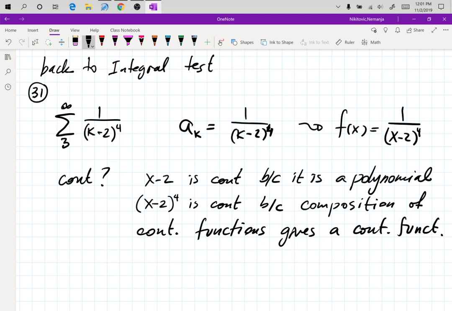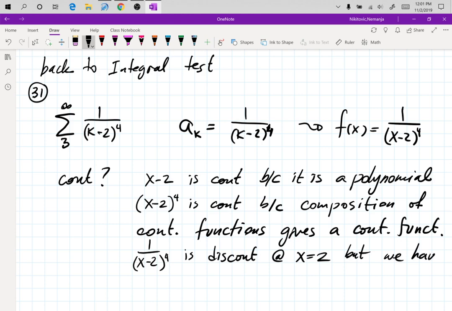Now we know that 1 over x minus 2 is discontinuous, right? But it's discontinuous where? And is that in our domain? No. Because we start at 3. How convenient, right? So 1 over x minus 2 to the 4th is discontinuous at x equals 2, but we have 3 to infinity as the domain.